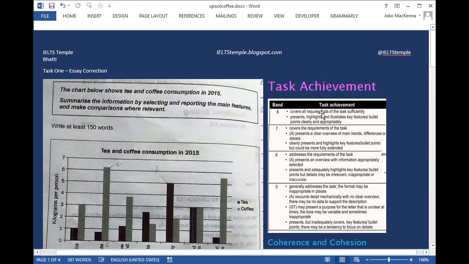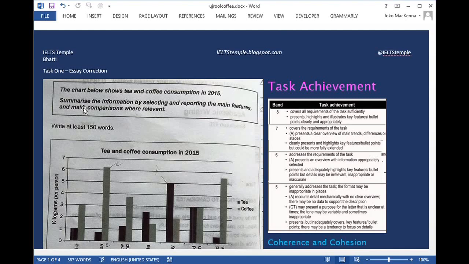Well, the requirements of the task can be understood to be the four verbs in this sentence. And let's look at them. Summarize means to take some information and make it shorter while still conveying the most important information. It's about describing as much of the data as you can, the important data, in as few words as possible.